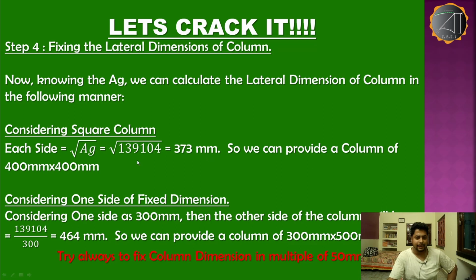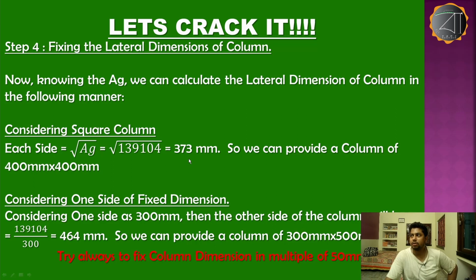So we can take it as 400 mm by 400 mm, because we cannot take something much lesser than 373 mm, and we have to take the next higher value. 400 mm by 400 mm is the next higher value. We can also take 375 by 375.